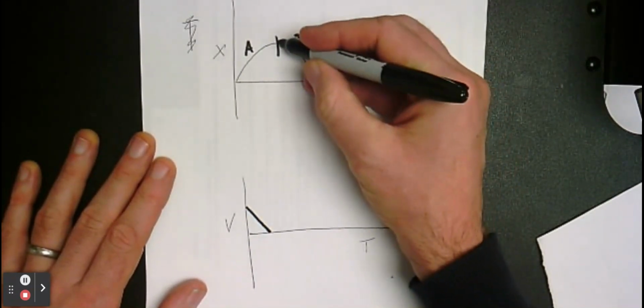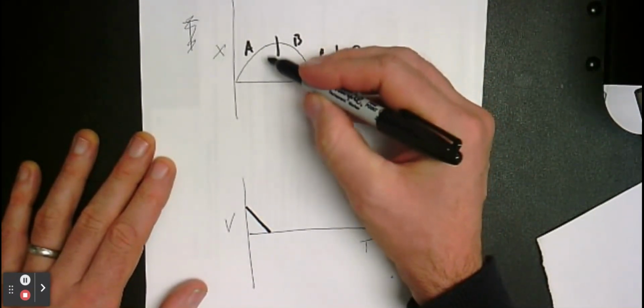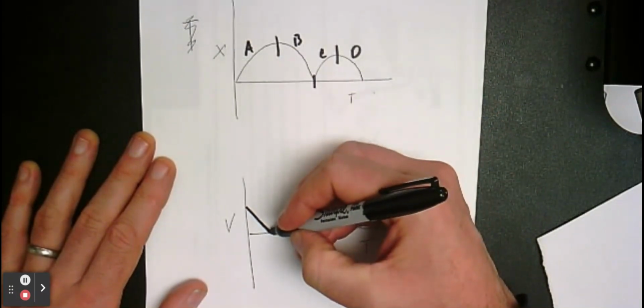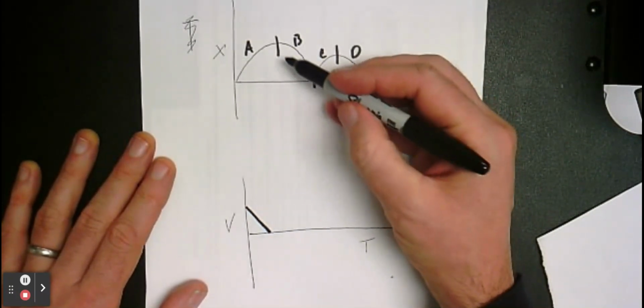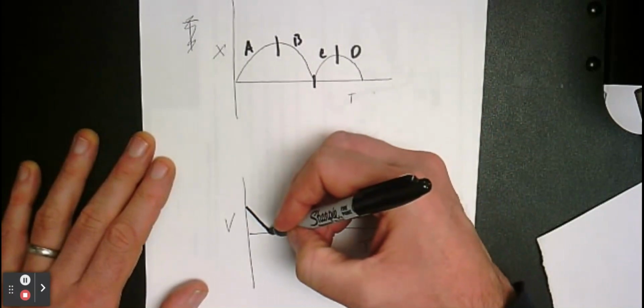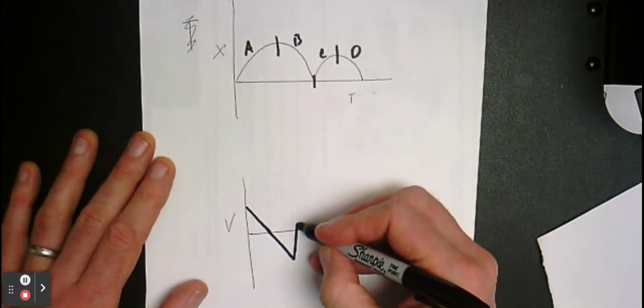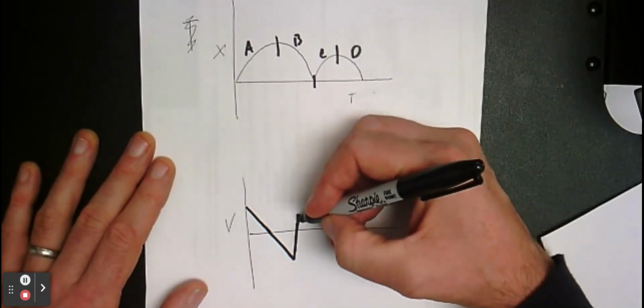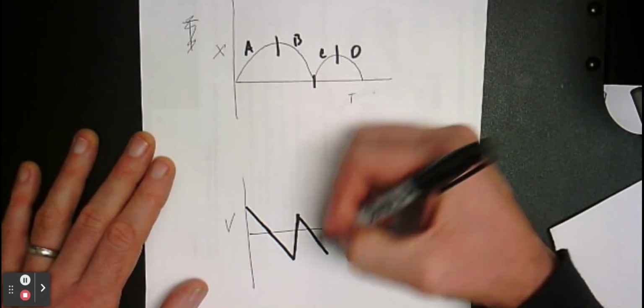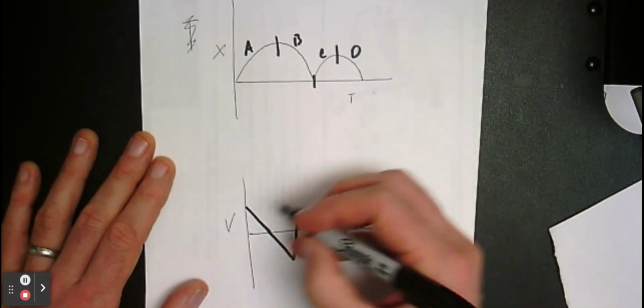Okay. Then here it changes its direction, so that means it's going to become negative. Here it's getting more steep, so it's going to go down. All right. Now it changes direction rather fast. It's not going to go up as high, and then it's going to come back down like that.